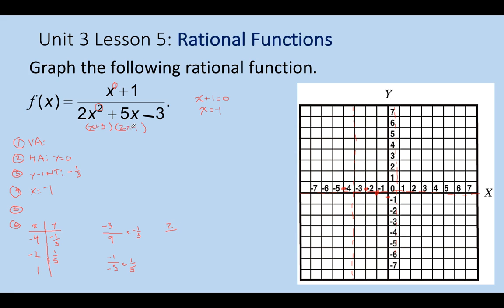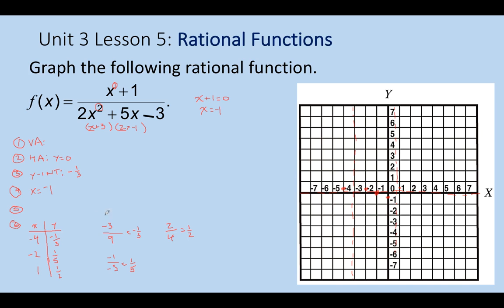And then when I plug 1 in for x over here, I get 1 plus 3 is 4. And then 1 here would give me 1, so I'd have 4 times 1, which is 4. So I wind up with 1/2. So when x equals 1, y equals 1/2. And so I got something like that right there. I guess that could help me a little bit. I think it's going to be kind of a tight squeeze.